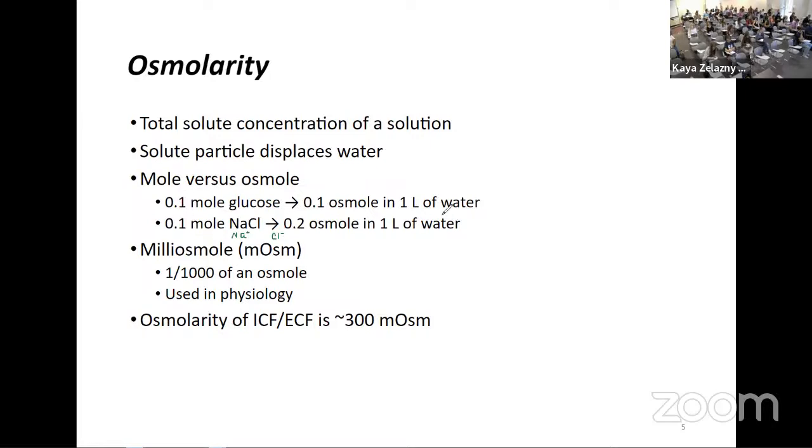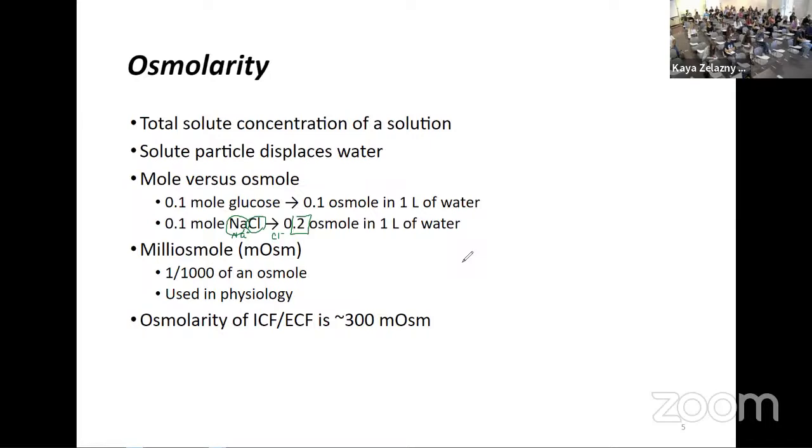We're still dissolving it in a liter of water, but we're going to have two things in there. So we're multiplying by 2. So if we have 0.1 mole of NaCl all bonded together, means we have 0.1 mole of Na, we have 0.1 mole of Cl. So we're gonna end up with 0.2 osmoles in total in the liter of water. So this is a measurement essentially of solute concentration in water that we can use to figure out which way water is going to move in a given situation.